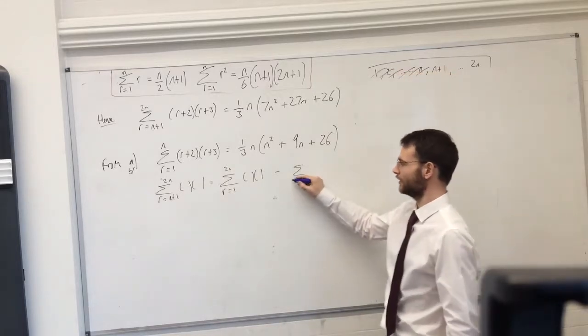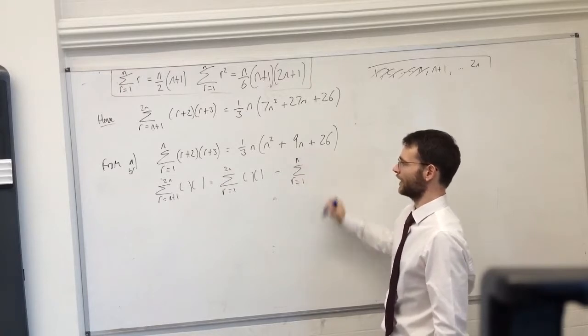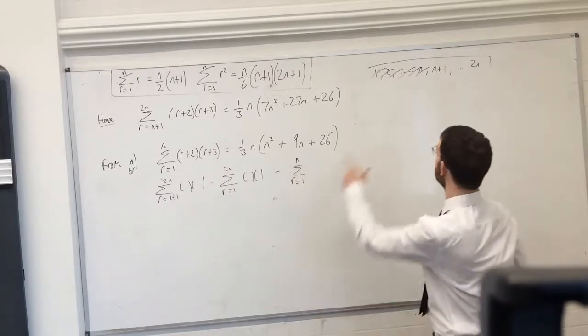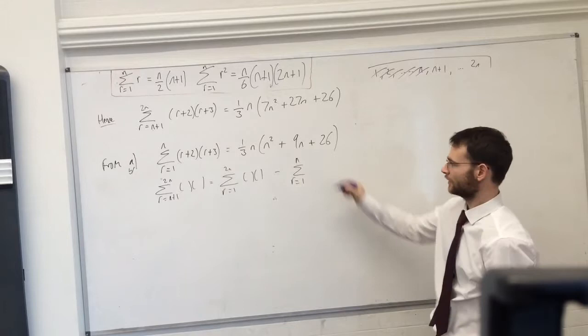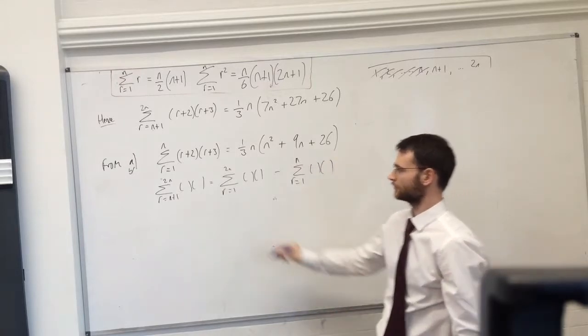So I'm going to take away from r equals 1 to n. That would leave me with n plus 1 up to 2n of that stuff.